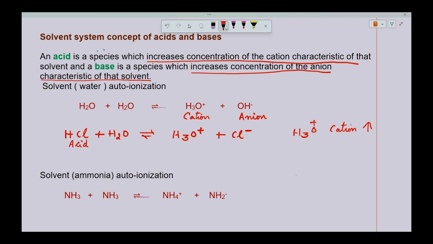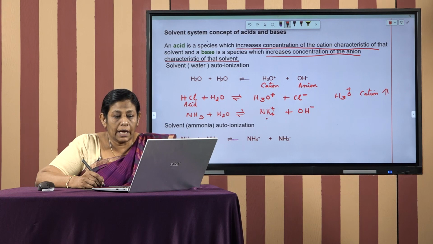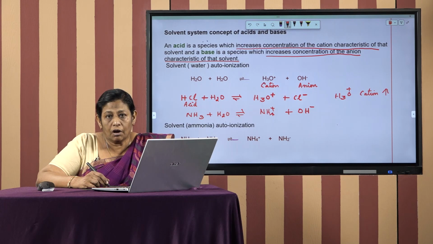Hope it is clear. Now, suppose I am adding ammonia to water, what will happen? Ammonia gets protonated, it becomes NH4 plus, and the OH minus ion will be left out. Here you have two ions, a cation as well as an anion, but this NH4 plus is not characteristic of the solvent.